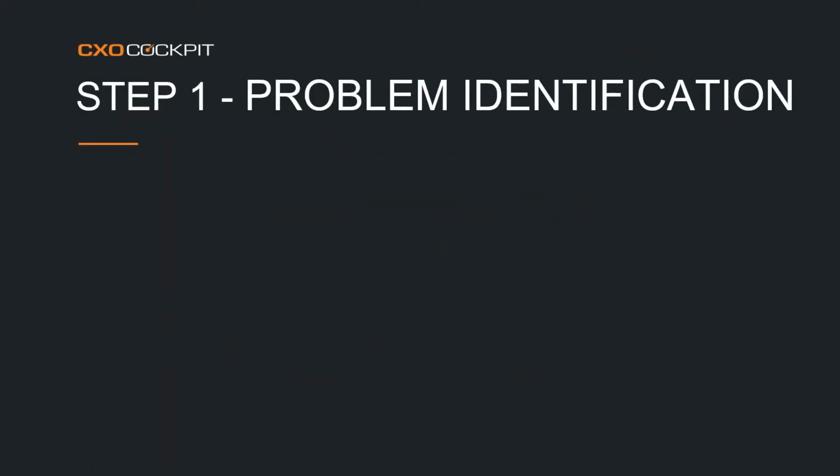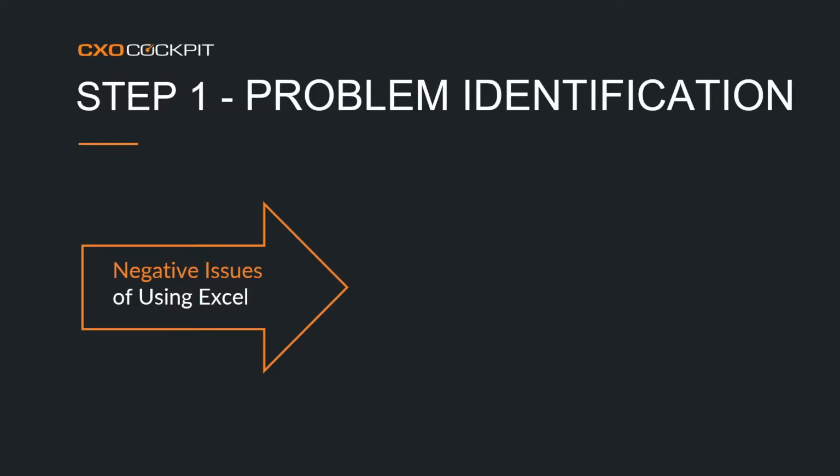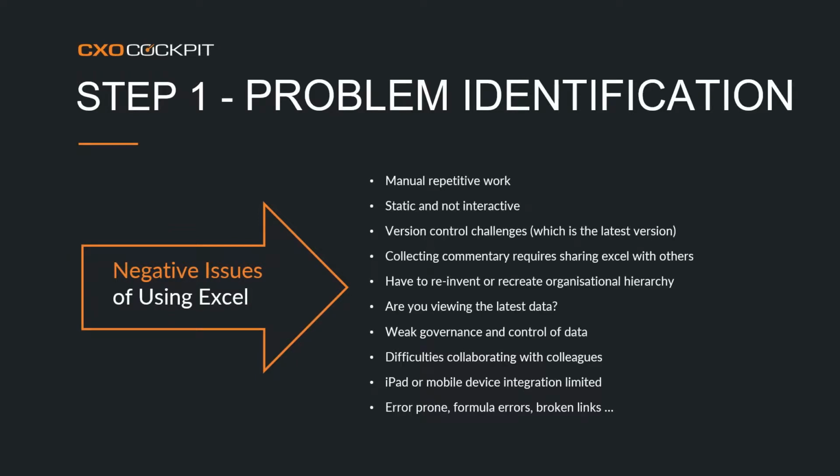So step 1, problem identification. There tends to be quite a lot of very positive things when using Excel, but equally there are lots of challenges. And here we've gathered together a list of typical negative issues associated with using Excel for any finance-related tasks.